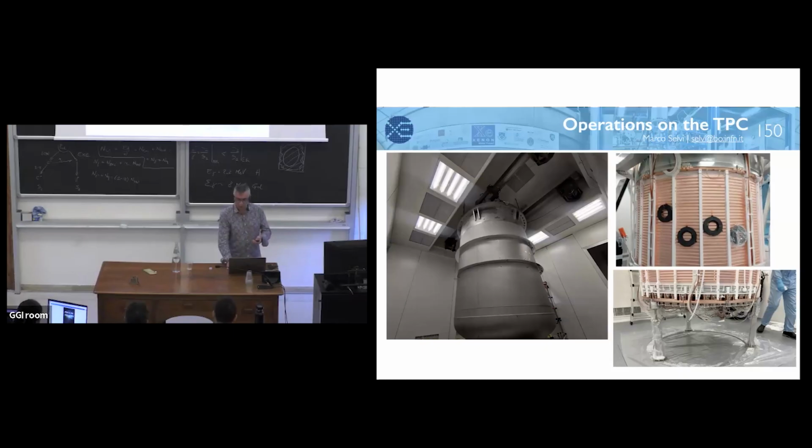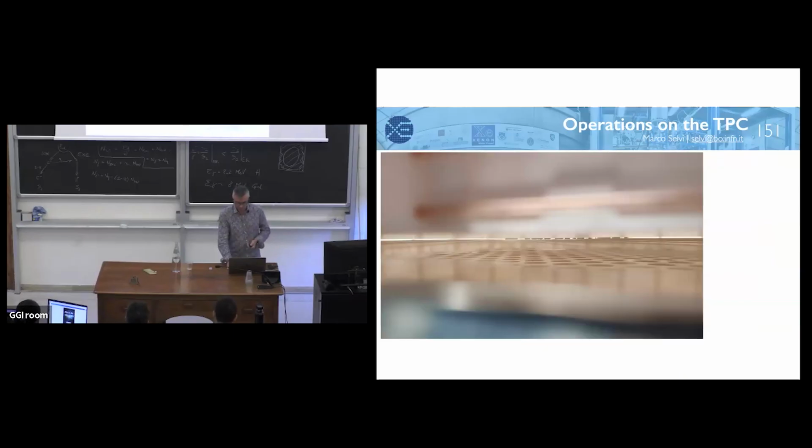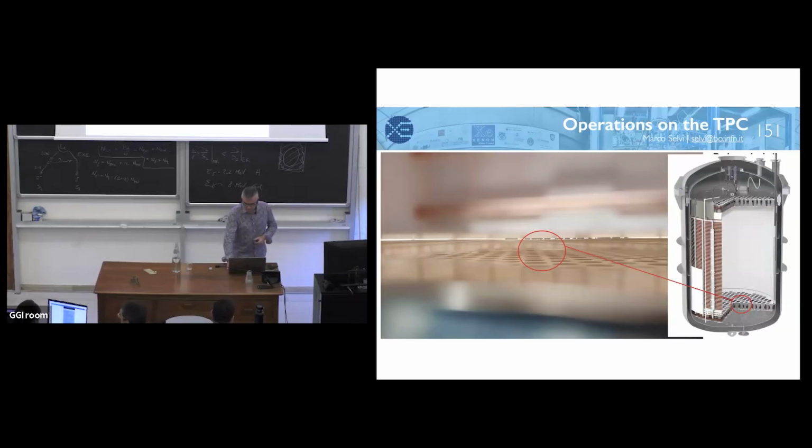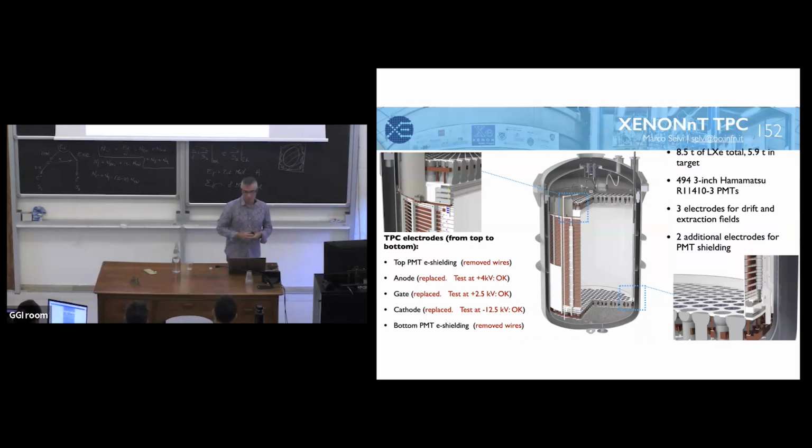In this way, with the clean room, we could open the cryostat and get access to the TPC. In particular, at the bottom of the TPC, we found the culprit. You can see a wire here touching the two electrodes, and that was responsible for the short. We replaced everything, and now we tested the new electrodes that are working properly.